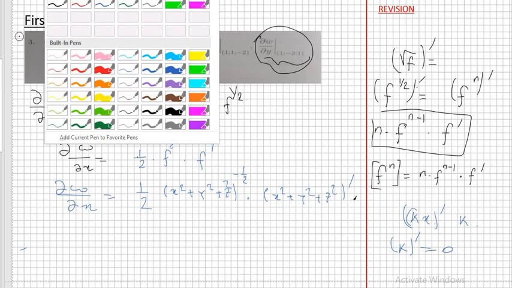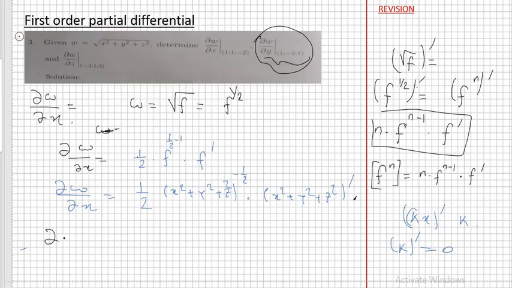In other words, if I have the derivative of w with respect to y, all these parts will remain the same.